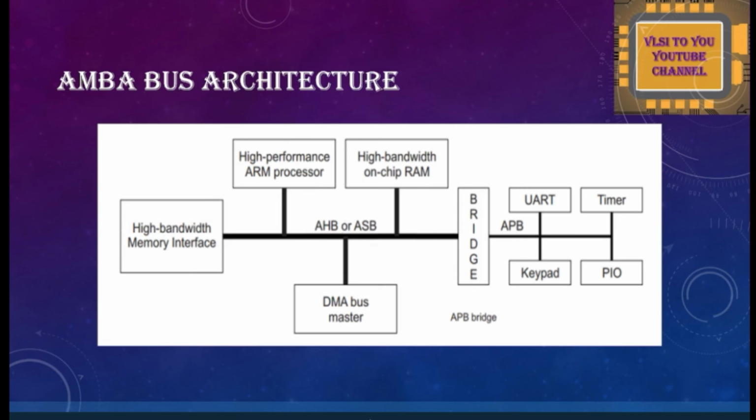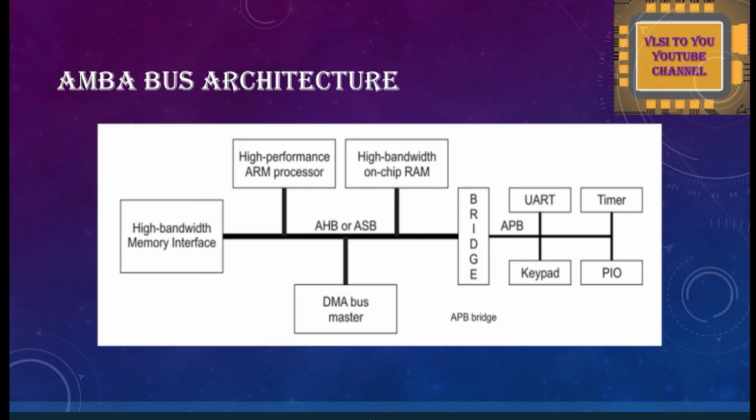Now, along with these high bandwidth components, there are also some low bandwidth components. For example, you will be connecting a keyboard or programmable input output devices like a mouse, or some pen drive, or some UART, some timers. All these are low speed peripheral devices. Why? Because they have low bandwidth and low frequency.